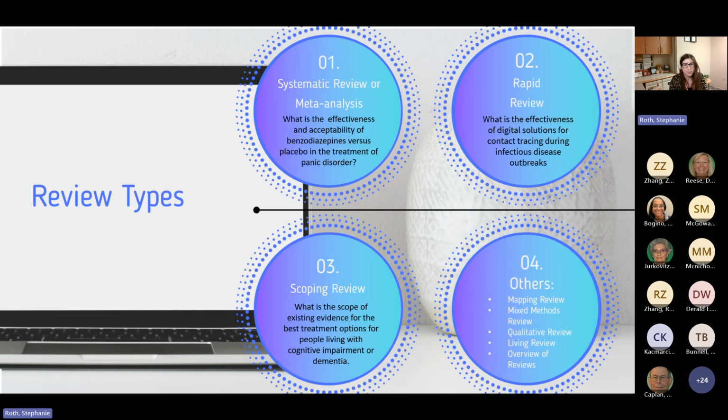So I think some people were wondering when to do a systematic review or a scoping review, but it's going to be based on how you frame that question and what your goals of the review are, because they have two very different goals.